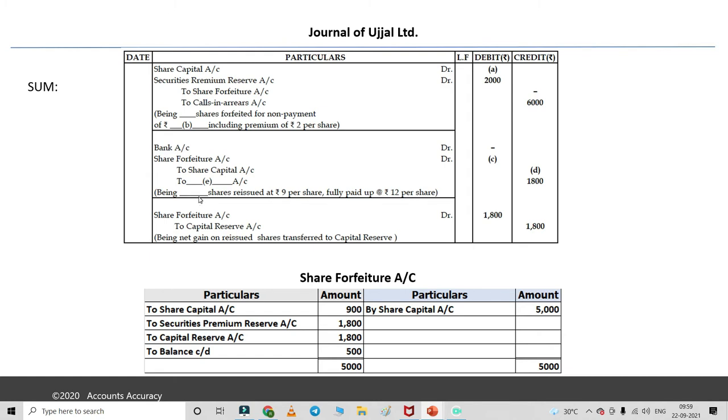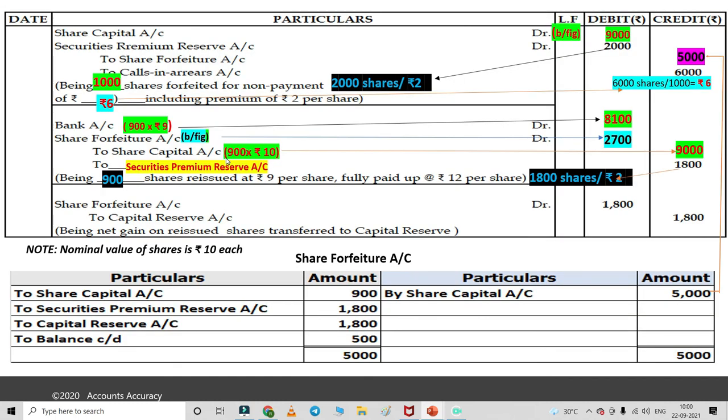Now we can easily find out the total value of share capital account to be credited. 900 shares into rupees 10, because 10 rupees is the nominal value of shares given in the question at the note. So 900 into rupees 10 will come 9,000. So 9,000 is the total value of share capital account.